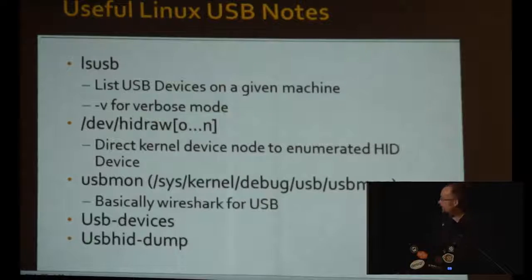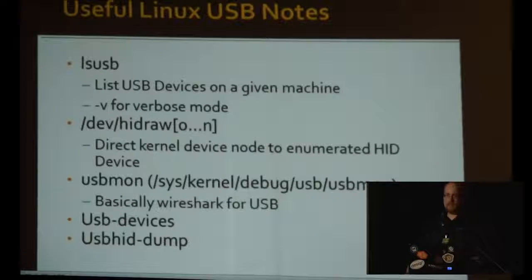Before we go on, here are some useful Linux USB notes, because we're going to do this exploit under Linux. These are basic commands if you haven't seen them before. One of them is lsusb, which we'll hopefully see in the video, and which just lists your USB devices. If you add -v, it gives a more verbose listing. One of the things I'm very thankful that Linux provides is /dev/hidraw.